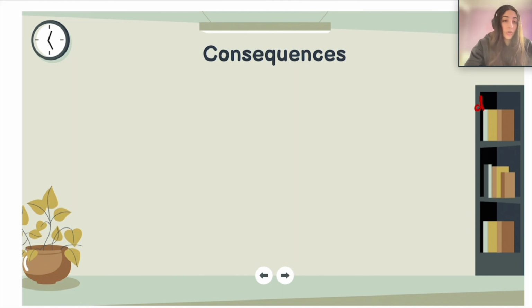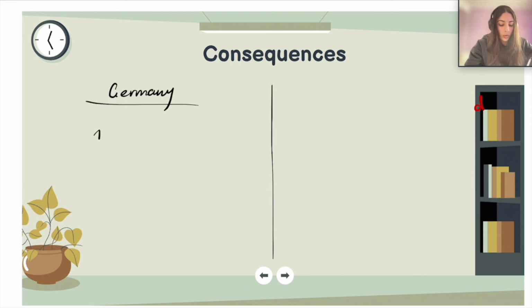And so that really sort of concludes our conversation on consequences. We have Germany with the war guilt clause, reparations, and harsh peace.